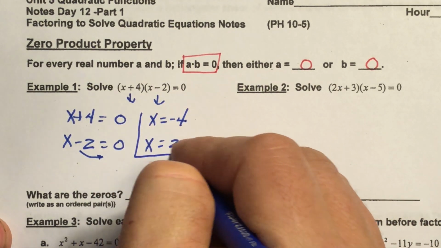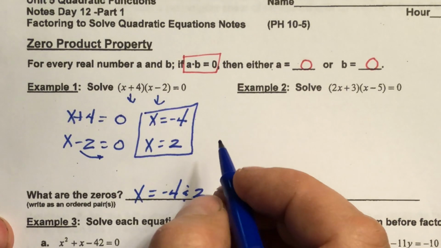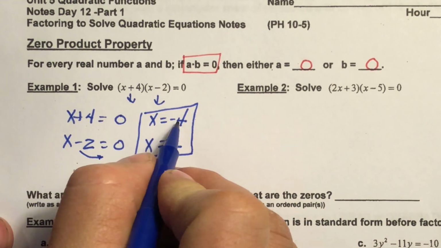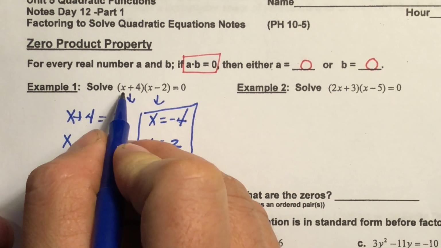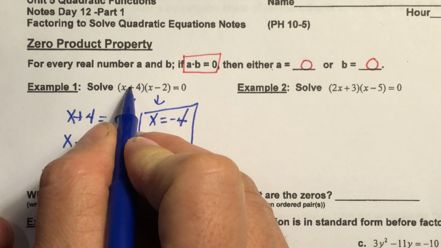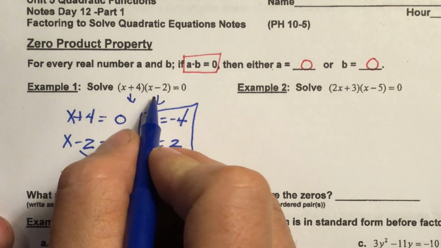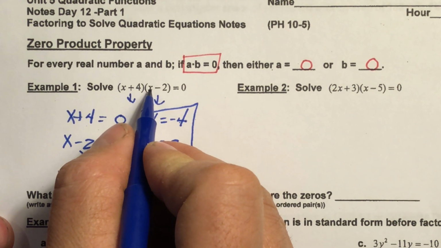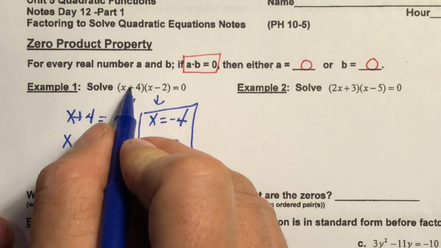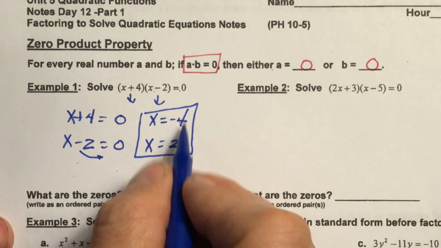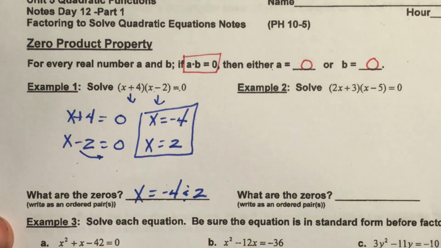Very simple. If I plug negative 4 back in, negative 4 plus 4 is 0, and 0 times this is 0. Or if I plug in 2, 2 minus 2 is 0, and 0 times this is 0. So both of these numbers make that equation true.